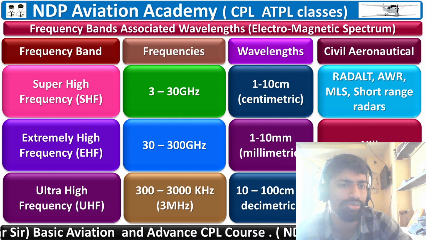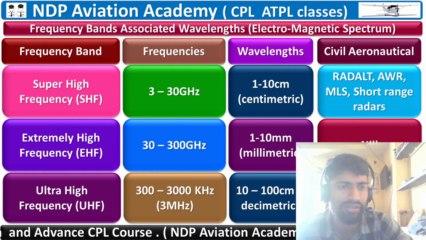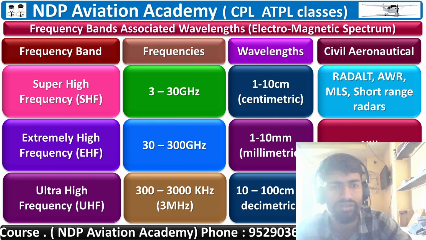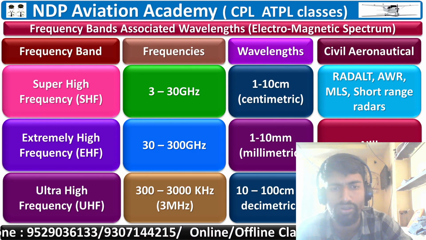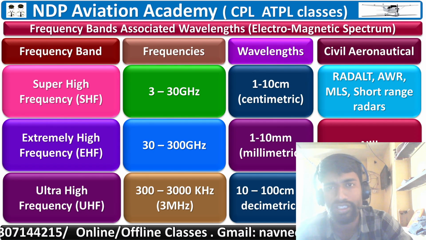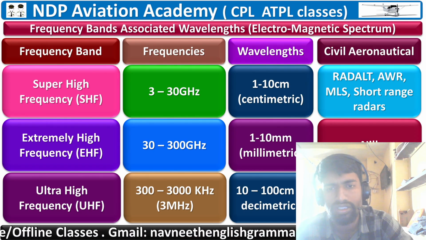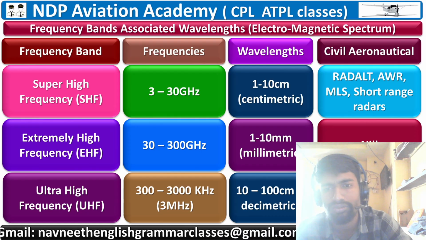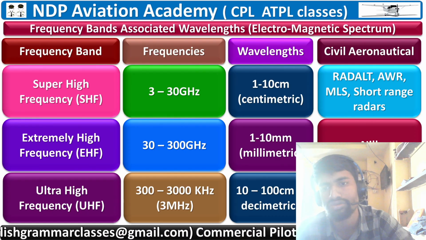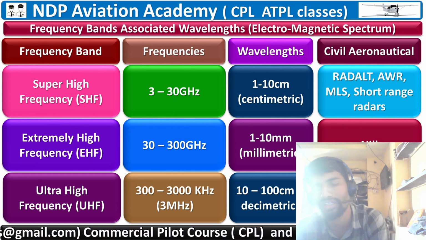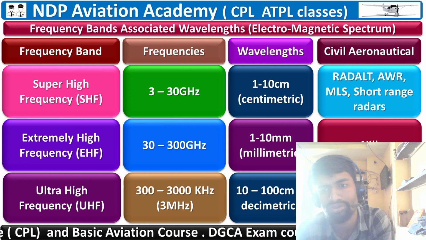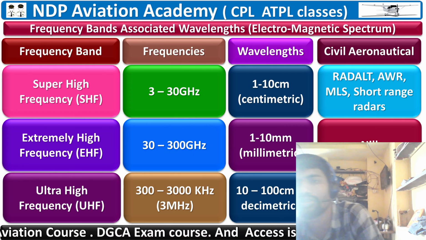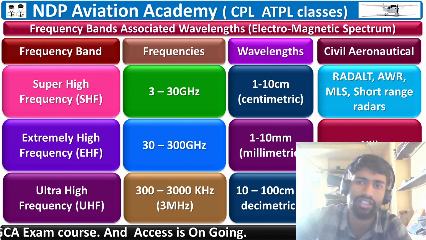I repeat, ultra high frequency, UHF, starts from 300 megahertz to 3000 megahertz, and that's called 3 gigahertz. What is the wavelength? 10 to 100 decimetric. We use this in aviation for ILS glide path, DME, GNSS, satellite communication, and long range radar.